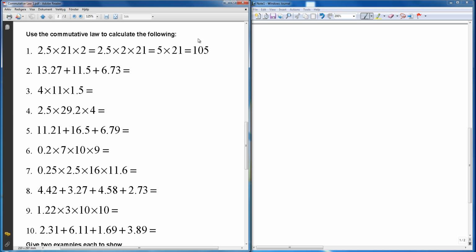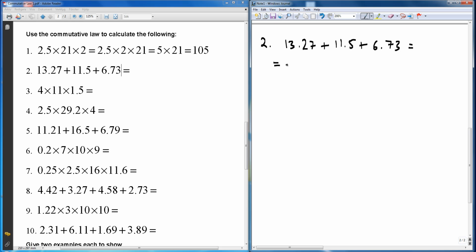So how about example number 2? Let's write it out. 13.27 plus 11.5 plus 6.73.